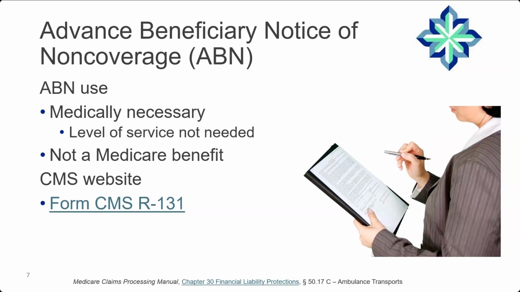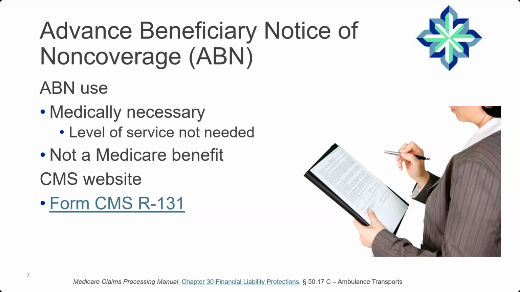Okay. So I went through a lot of very, very fast information there. An ABN is required and would be billed with a modifier GA when a service is medically necessary. So the EMT does an assessment and determines, yep, this is medically necessary. We do need to give an ABN because this service is going to be provided at a higher level than is required.